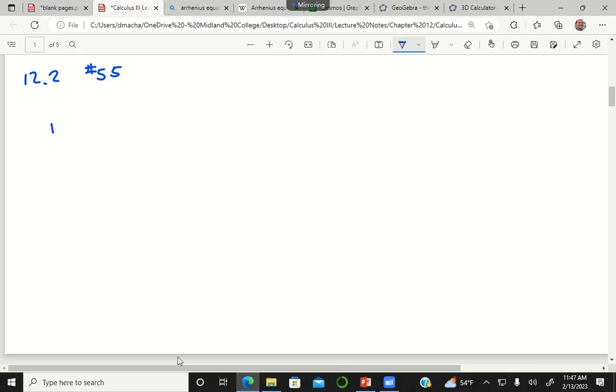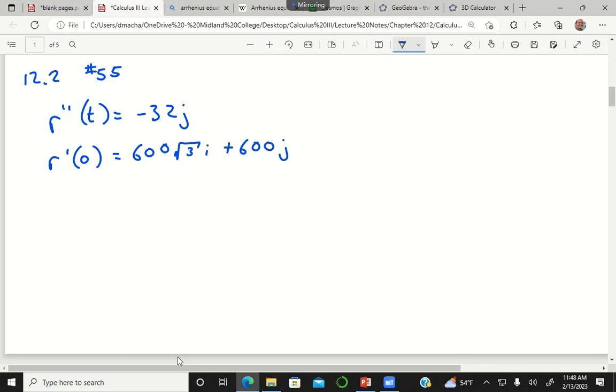Okay, so I have r double prime of t is equal to negative 32j. And r prime of 0 is equal to 600 square root 3 i plus 600j, and r of 0 is 0.